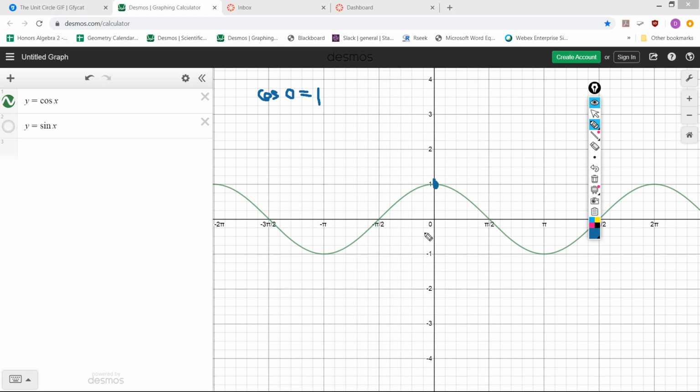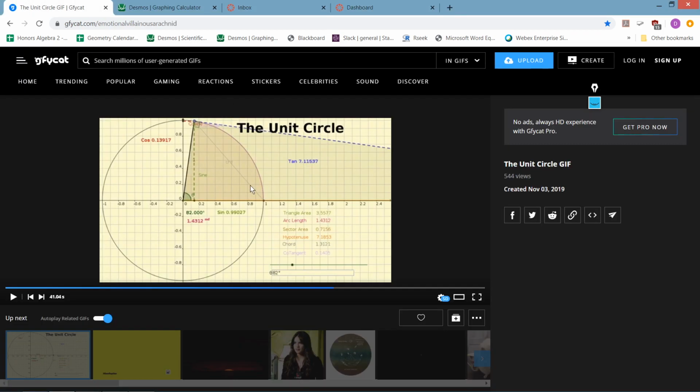Okay. And then what's another important value? I told you before, and you should know by now, that cosine of 90 degrees, which is the same thing as pi over 2, is 0. That's the straight up vertical, up and down. That's pi over 2, same thing as 90 degrees right here.